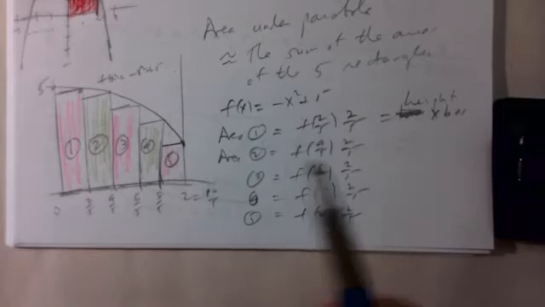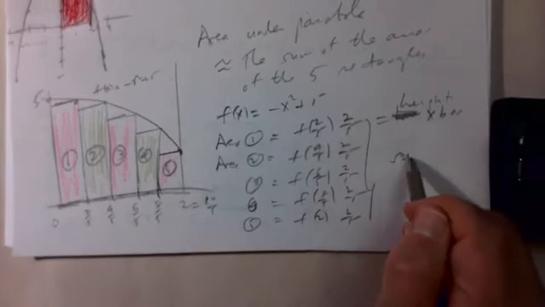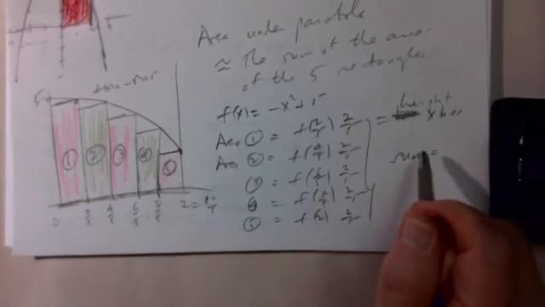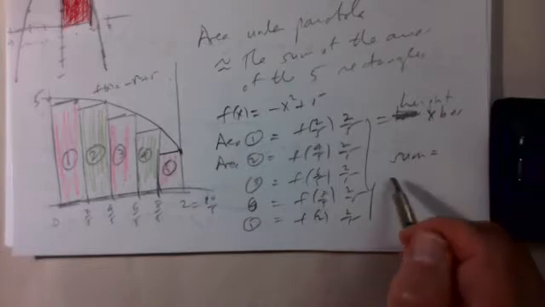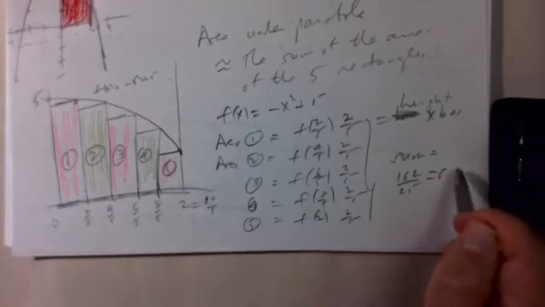And in fact, if you do the calculation, we get, well, it's in the book, 162 over 25, which is 6.48.